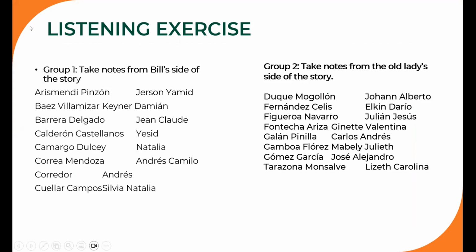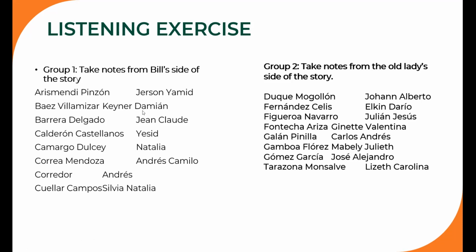So we will have two different groups of students. For the first group, we'll take notes for Bill's side of the story. So Gerson, Jean-Claude, Yesid, Natalia, Andres Camilo, Andres Corredor, and Silvia Natalia, you will take notes from the first story, for Bill's side of the story.